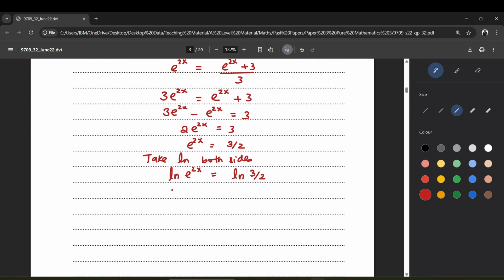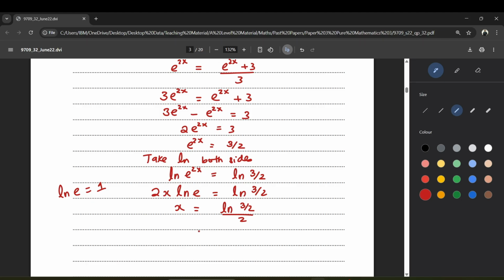Using the power law, this 2x can be multiplied over here. So 2x times ln e equals ln 3 upon 2. ln e is basically equal to 1. So therefore, now we can divide both sides by 2. So x is equal to ln 3 upon 2 divided by 2.